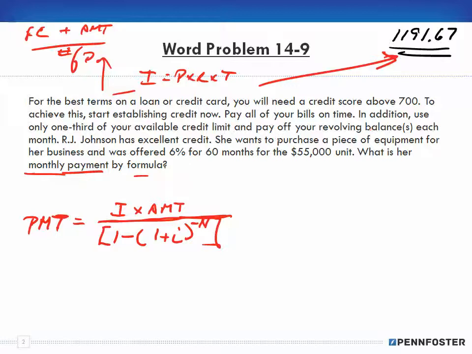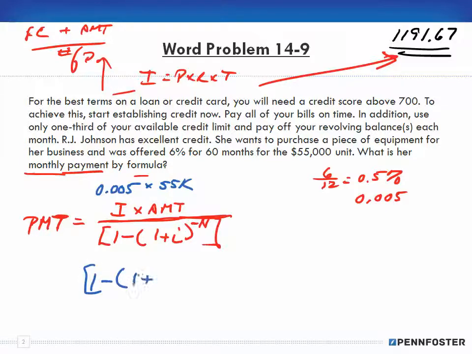So 6% divided by 12 is 0.5 as a percent, and in decimal form that ends up being 0.005. So we plug in 0.005 and the principal amount of 55,000 in the numerator, and in the denominator we have 1 minus 1 plus, again, the 0.005 for the interest, raised to the negative 60th power.